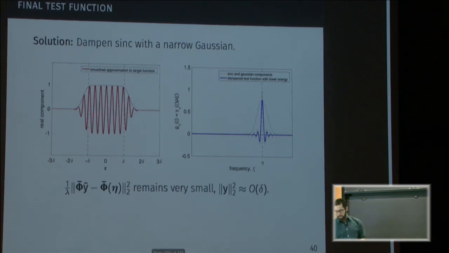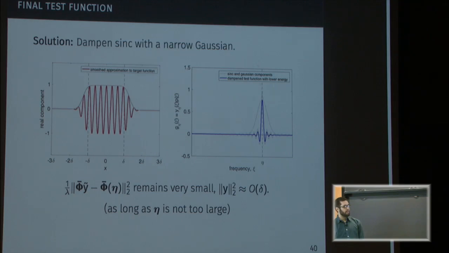If you set your parameters right, you can do this such that my approximation error on this function is not too large, and I can actually bound the 2 norm of y by order delta. So we're just doing some dampening there to avoid that blow up on the edges of y.